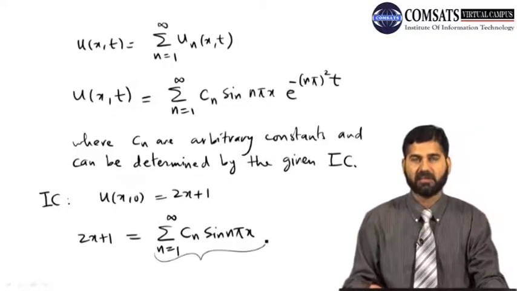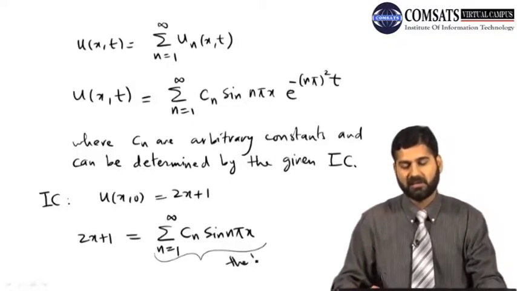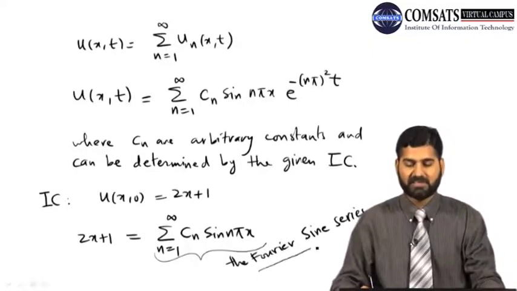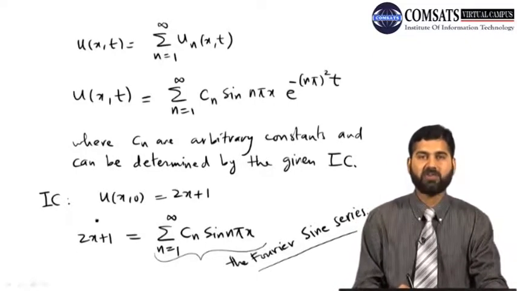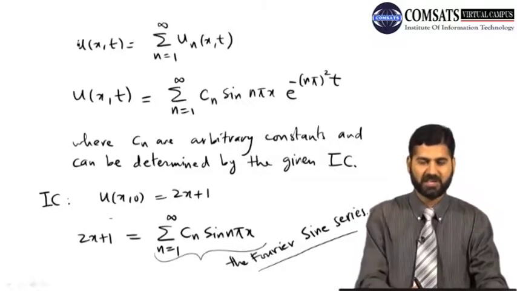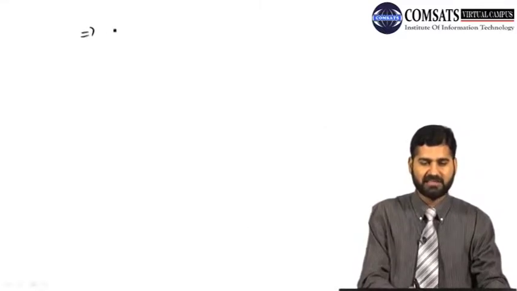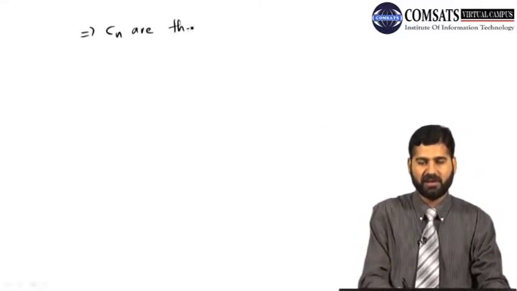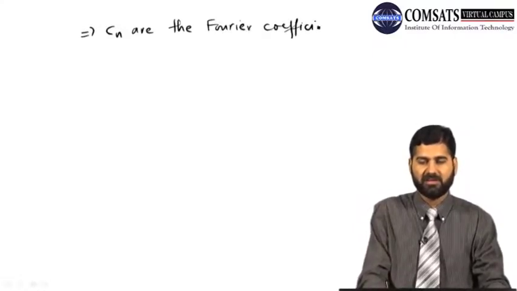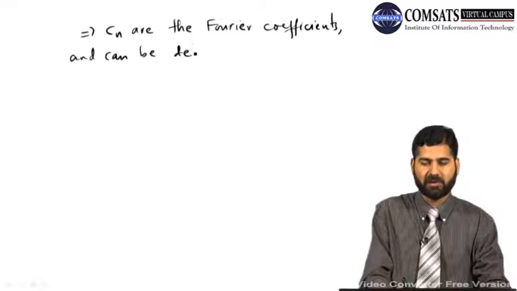This right hand side is the Fourier sine series, and this is equal to the function 2x plus 1. And we know how to obtain the coefficients of this equation. Right? We know how to obtain the coefficients. So this implies that Cn are the Fourier coefficients basically.